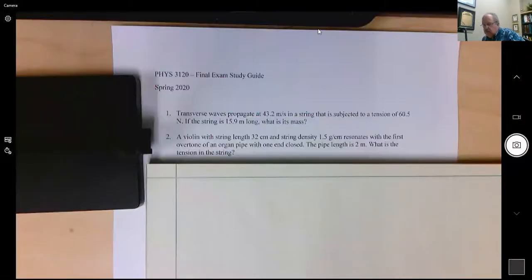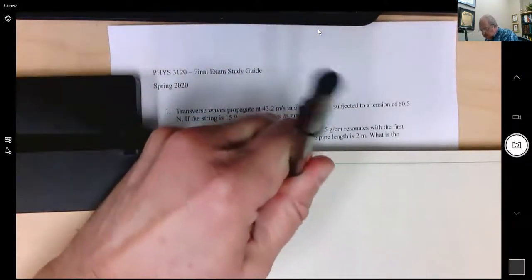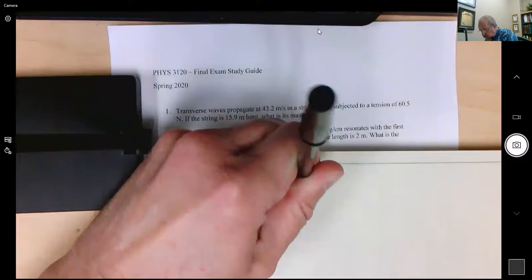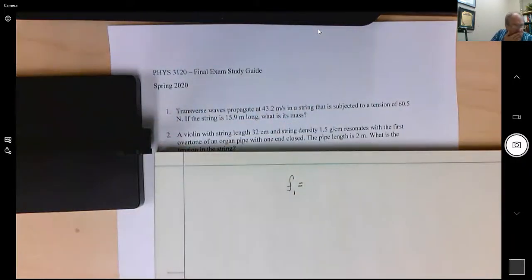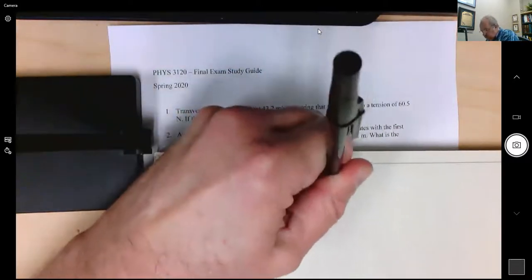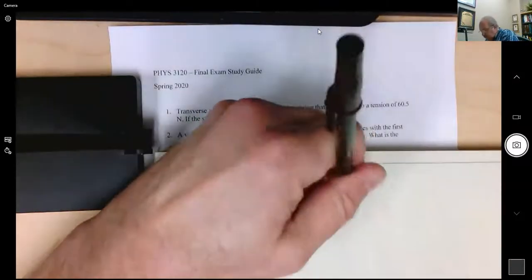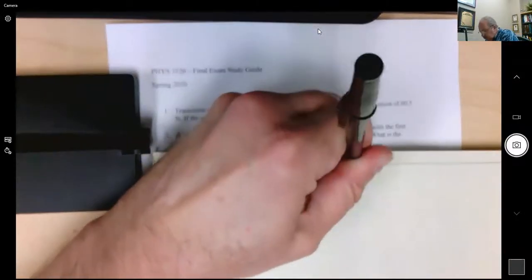We know in this particular problem that the frequency of the violin string is equal to 1 over twice its length times the square root of the tension of the string divided by the linear density of the string.